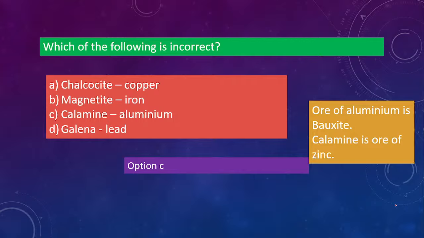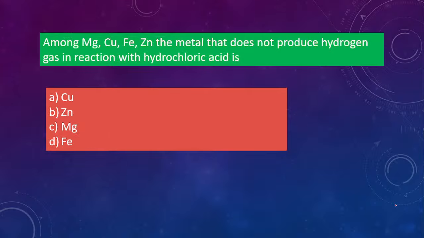Yes, you are the first one to answer. Very good. Okay, next one. Among magnesium, copper, iron, zinc, the metal that does not produce hydrogen gas in reaction with hydrochloric acid is. So which one will be the option? Copper, zinc, magnesium, or iron? Let's see who will answer this first.